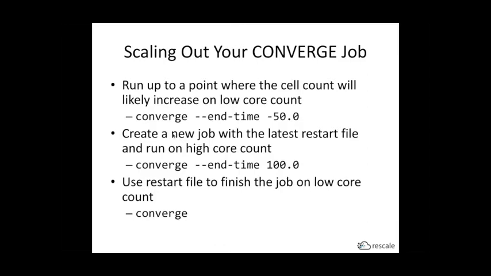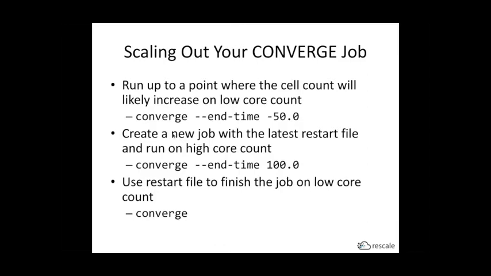What we can do is run a job first up to 50 degrees before top dead center. We do this by simply passing the end time into the CONVERGE command, so you see the CONVERGE command there with --end time -50. And we would run this, for example, on 8 cores only.